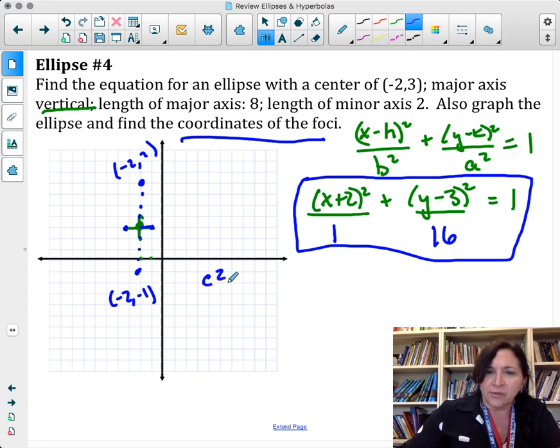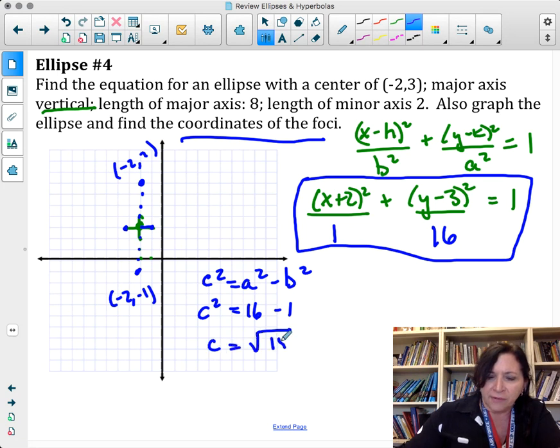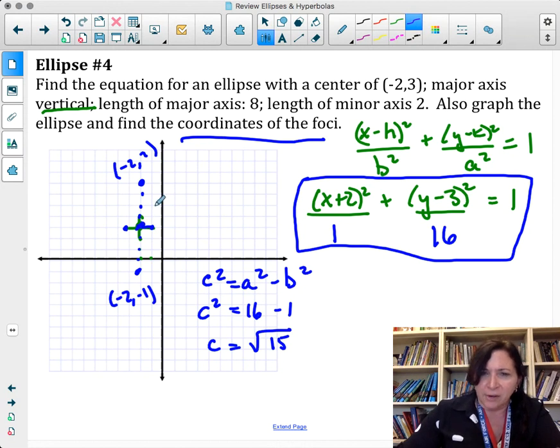So we're going to go c squared is equal to a squared minus b squared. C squared is equal to, a being bigger, 16 minus 1. So c is equal to the square root of 15. Let's see, 16 minus 1, yeah. And therefore, this point right here, which is my center, I always say to write the center down, which is -2, 3.